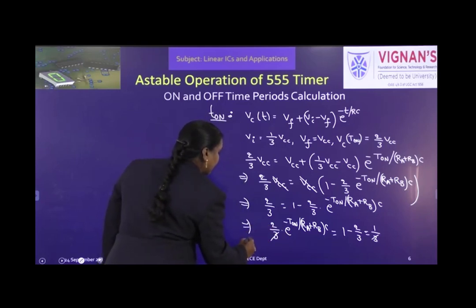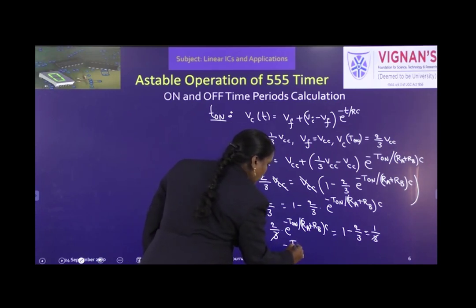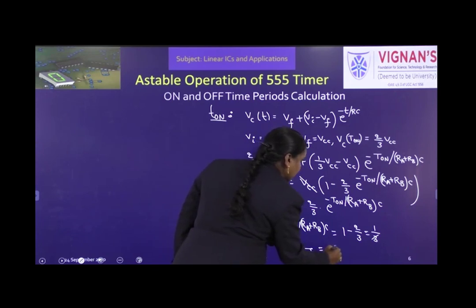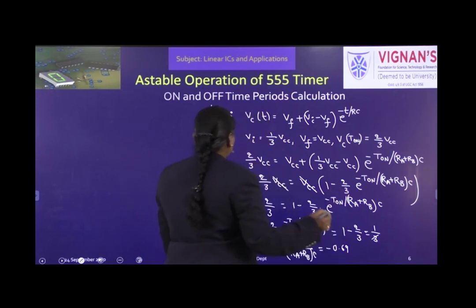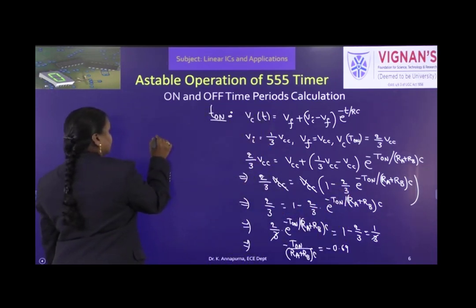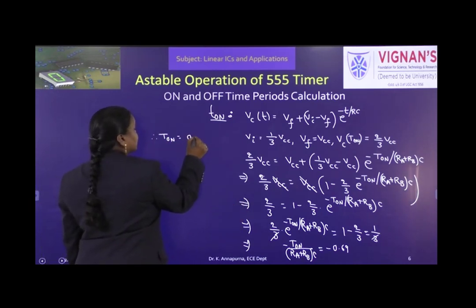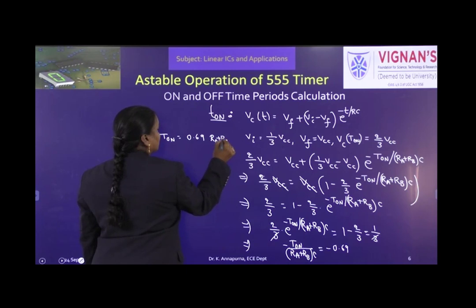If you take natural logarithm on both sides, then it is minus T on by RA plus RB into C is equal to, this 2 I am taking to that side. So ln of 1 by 2 means it is minus 0.69. So therefore, what is T on? Therefore, T on is equal to, this minus and minus gets cancelled, 0.69 times RA plus RB into C.